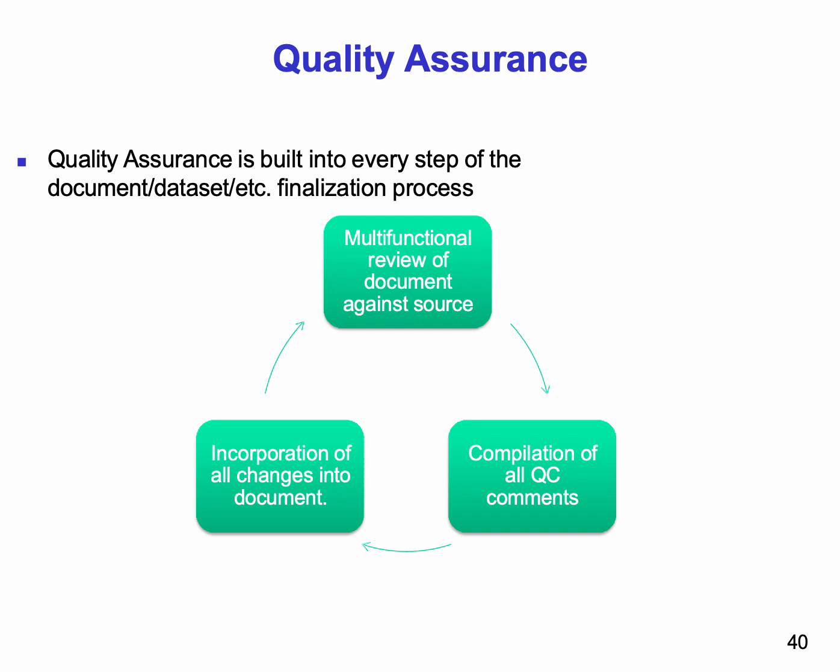Okay, and what they do is finalize the process. So here what we can see on the top is a multifunctional review of documents against the source. That's what QA does. Then QA ensures compilation of all quality control comments.